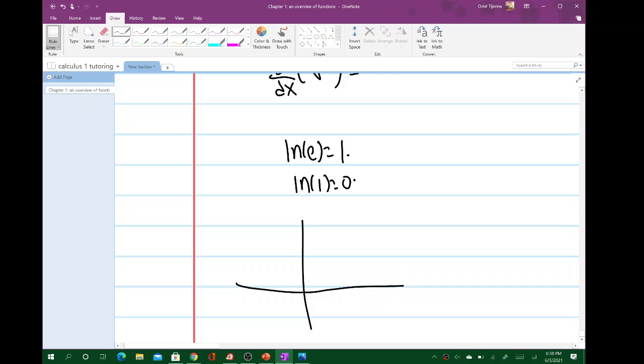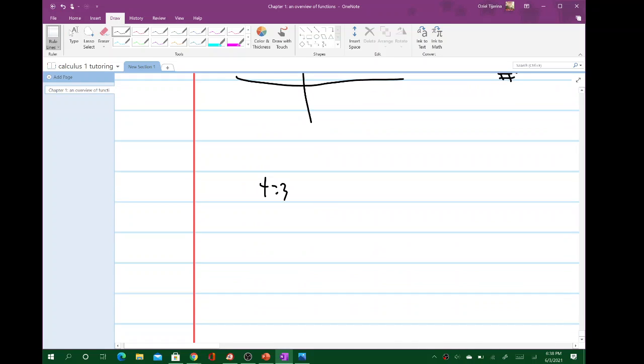And then the constant function is just this one, y equals c, where c is any number. So if I say y equals 3, it looks like this.